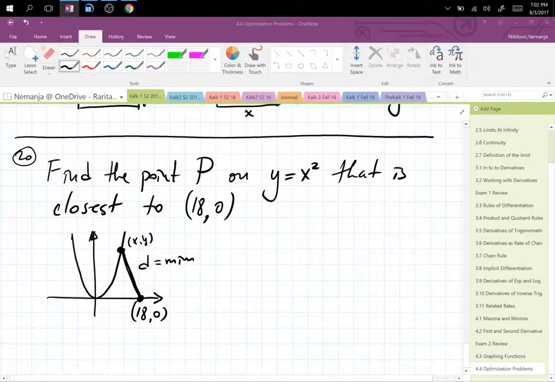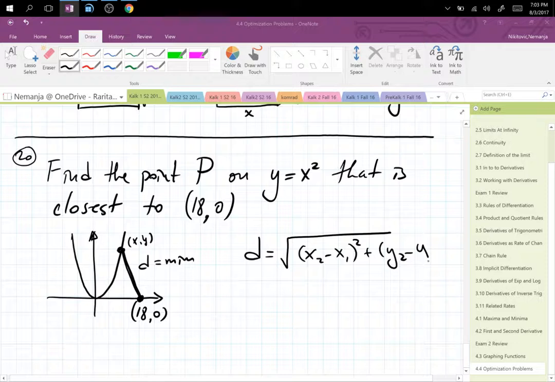How would you go about solving this problem? What do you do? Very good. What is the formula? Square root of x2 minus x1 squared, plus same thing for the y.